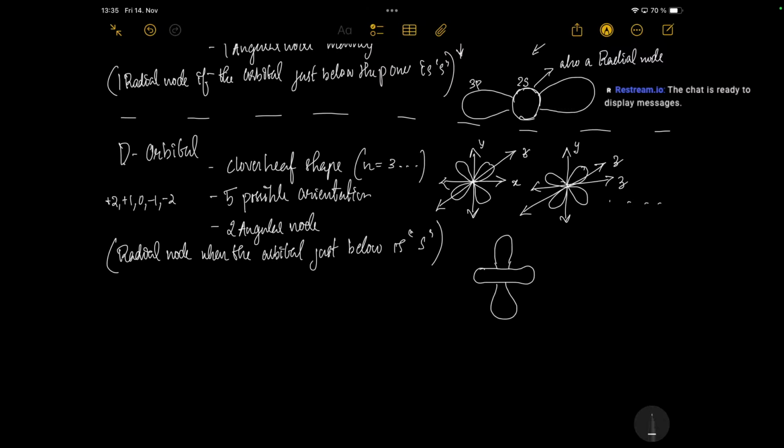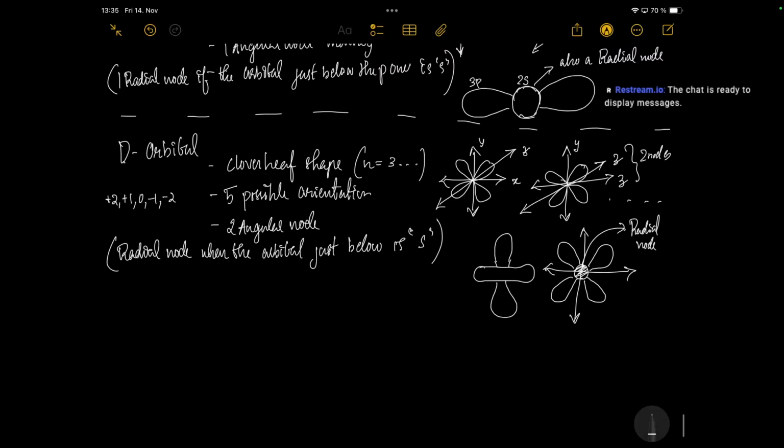How do I show that? Those are radial nodes.